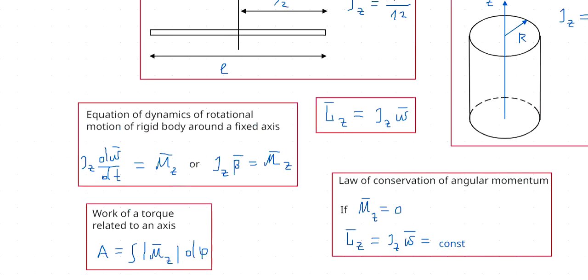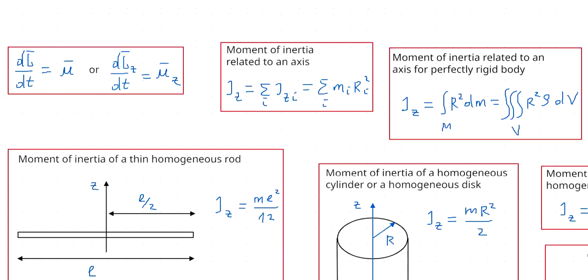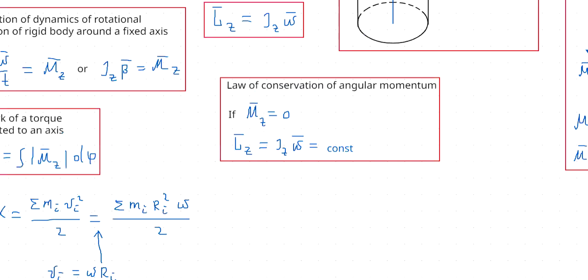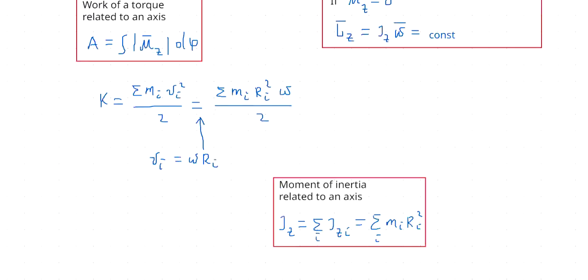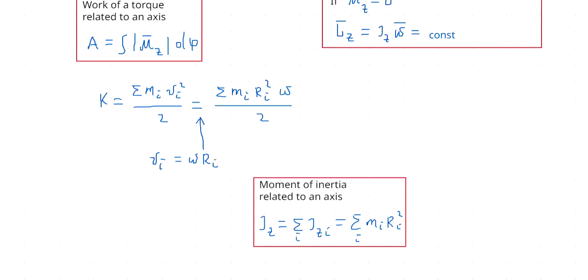And let's remember about the moment of inertia. From here we have that it will be I omega squared divided by 2.